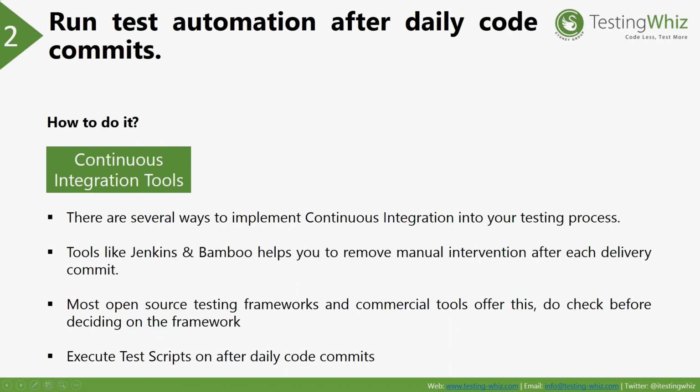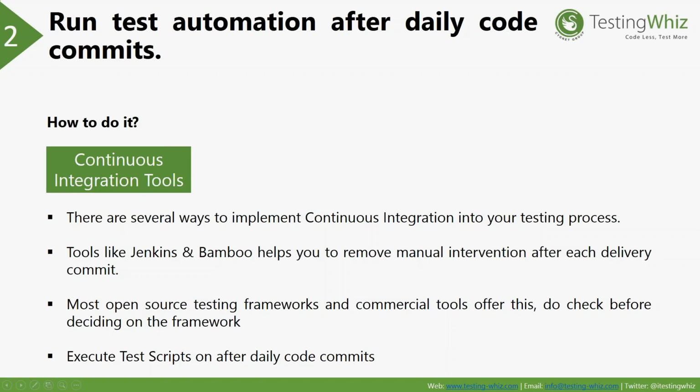There are tools like Jenkins and Bamboo available in the market. Some of them are open source, and they offer a great ability to integrate with a lot of testing frameworks that are available in the market, both for unit testing and for functional testing.